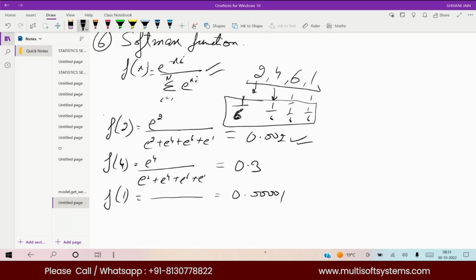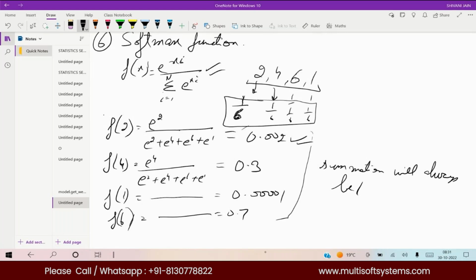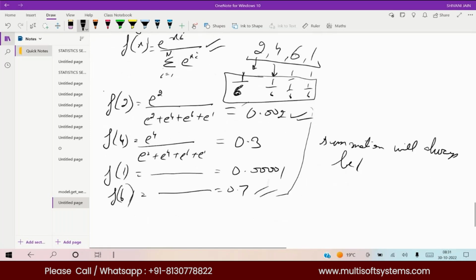Out of these 4, that value will be the minimum. Then the last value, with the maximum probability, could be, let's suppose, 0.7. Now if you sum these up, the summation will always be 1. It is used for multi-class classification.